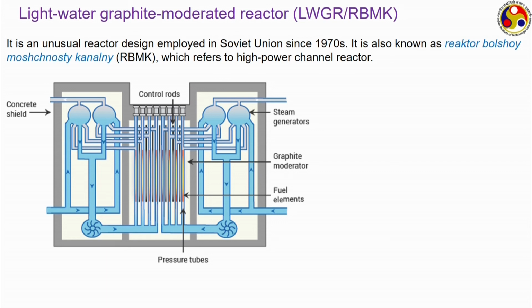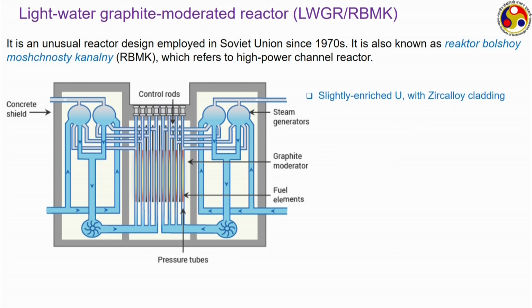In the case of the light water graphite moderated reactor, as the name suggests, the cooling medium is ordinary water, but the moderator is graphite. Like in both PWR and BWR, the same material, water, was used as both moderator and coolant, but here we have them as separate quantities.